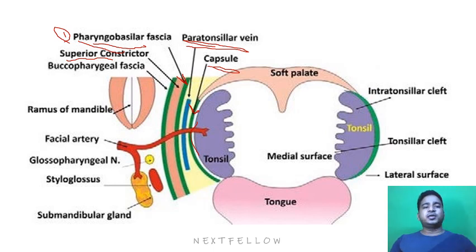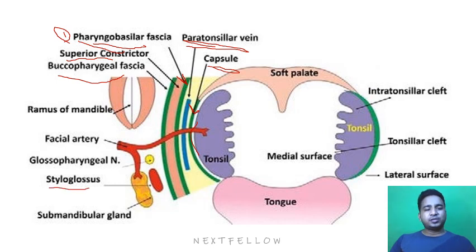And beneath the superior constrictor muscle comes the buccopharyngeal fascia. So of these two green marks, the first one is the pharyngobasilar fascia and the last one is the buccopharyngeal fascia, and in between them superior constrictor muscle fibers are sandwiched. Okay, so down from the tonsil, first comes the fascia, then the superior constrictor muscle.